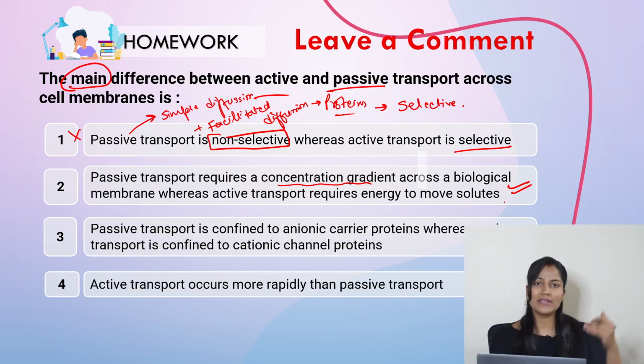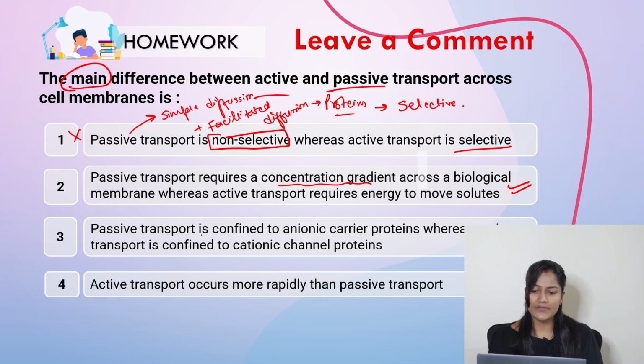There will be movement of molecules from higher concentration to lower concentration. Whereas when we talk about active transport, molecules move against the concentration gradient. So they are moving from lower concentration to higher concentration, which requires energy. So this seems to be the correct option.